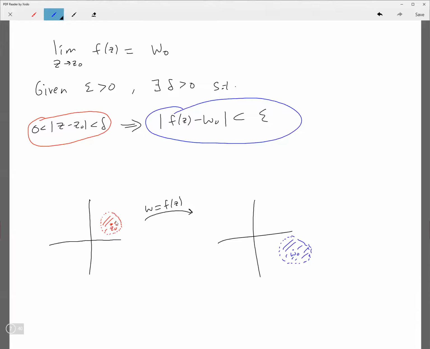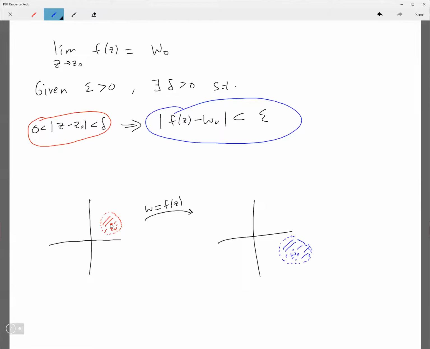So essentially, what this limit is saying is that you can find a delta that's small enough. Given any value of epsilon, so you're determined over here what the epsilon is, you can find a delta small enough so that every single point in here maps to a point in here, with the exception of z naught, the center point, which might be undefined.